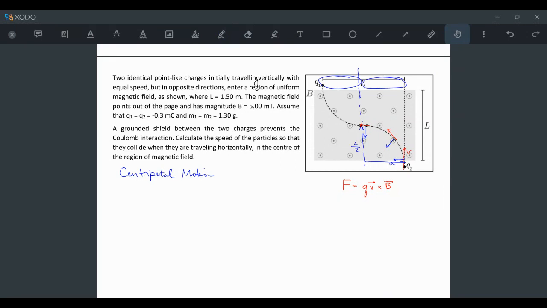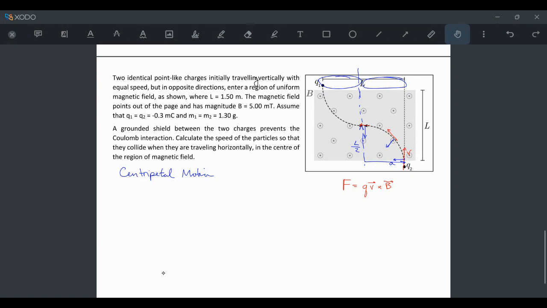So when we have centripetal motion, this problem gets really simple. We know if this charge Q2 goes on a circular trajectory with a radius L over 2, if this one goes on a circular trajectory, radius L over 2, the symmetry of the problem and the symmetry of this magnetic field, and the way it's laid out, basically tells us they will collide in the middle.